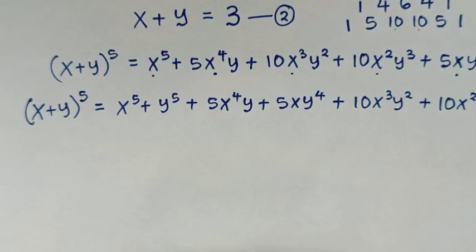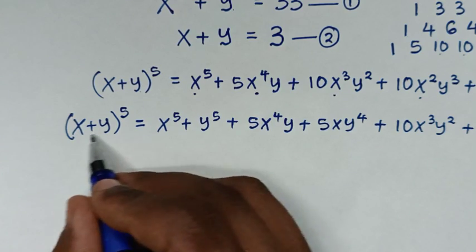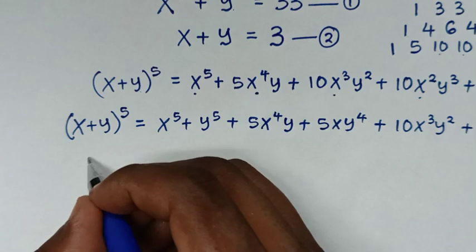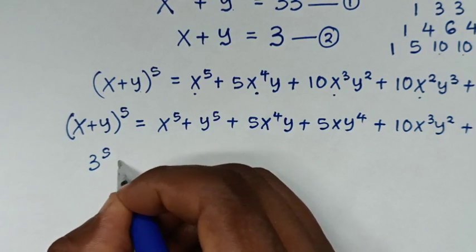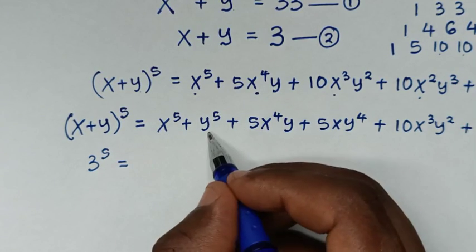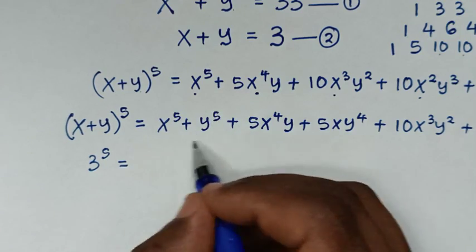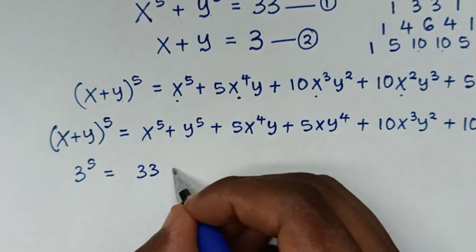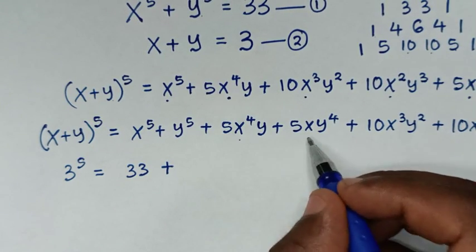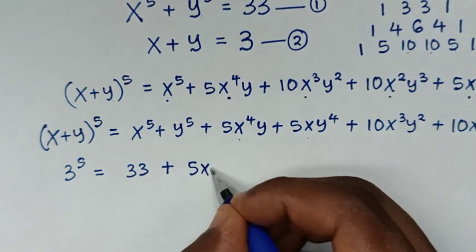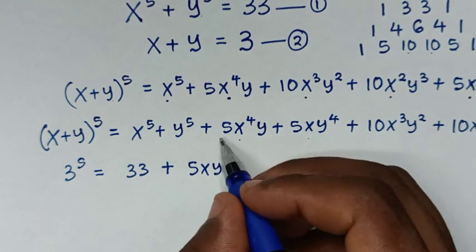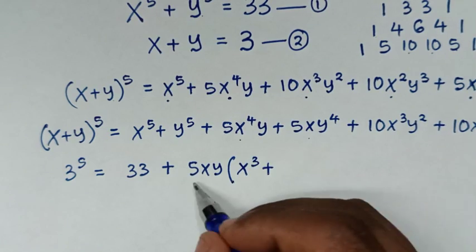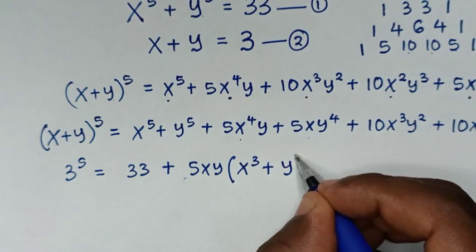Then in the next step, here we'll substitute x plus y. x plus y from the second equation is 3, so it will be 3 power of 5 is equal to x power 5 plus y power 5. This is from the first equation, which is 33, then plus this and this, 5xy is common, we take it out of the bracket: this divided by this is x power 3, plus this divided by this is y power 3.